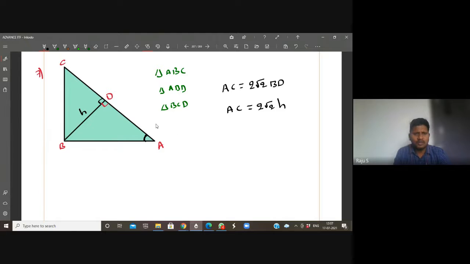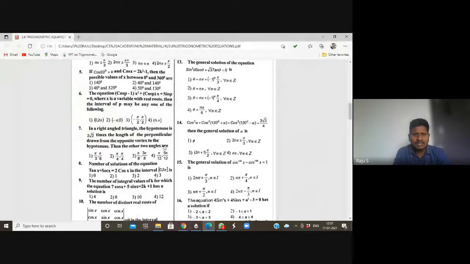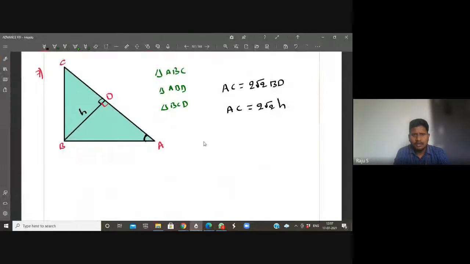So we need not use the similarity property. We can do it with the help of sin A and cos A, because the question is asking just for the angles. Look here. What is sin A?